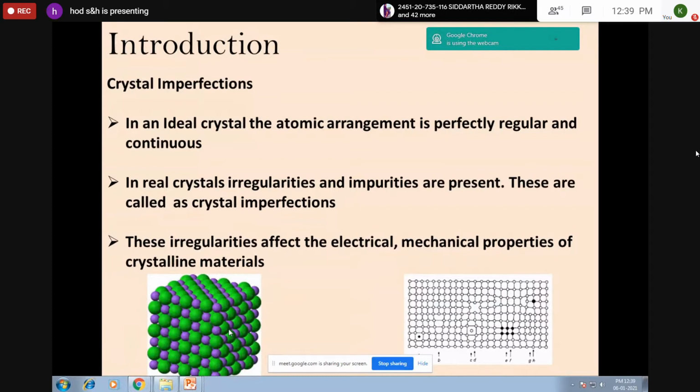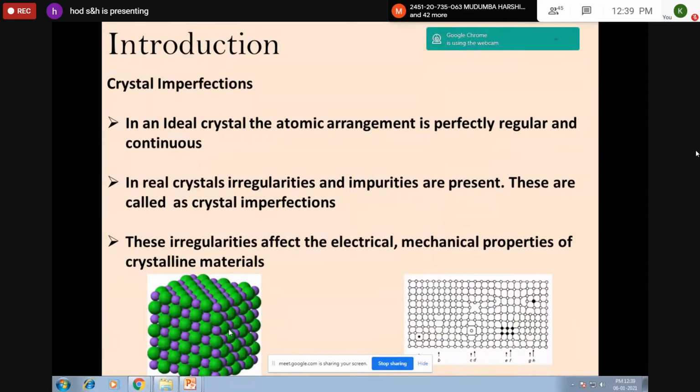But coming to real crystals, of course, to a certain extent, some periodicity will be maintained, but in 3-dimensional space, some irregularities and impurities are present. And these are called crystal imperfections. And these irregularities influence the electrical, mechanical, magnetic, and structural properties of crystalline materials.